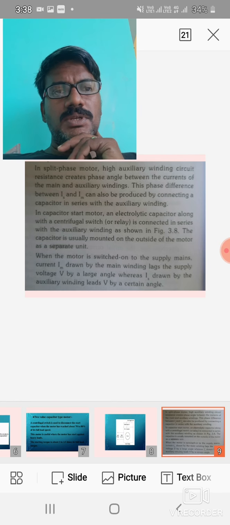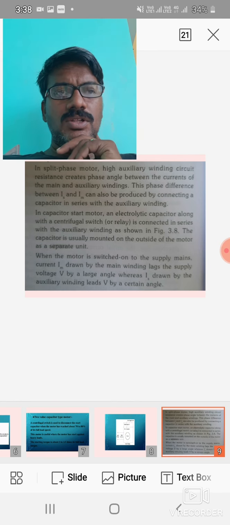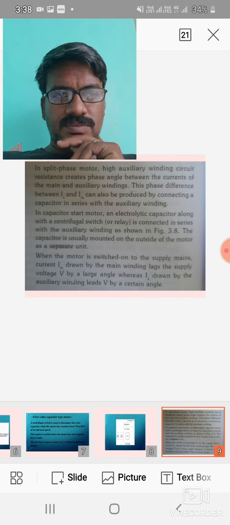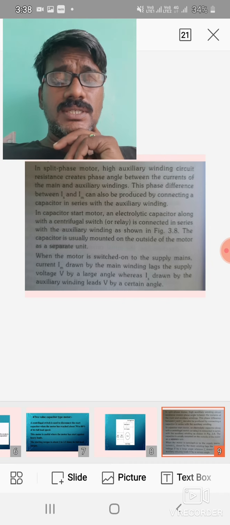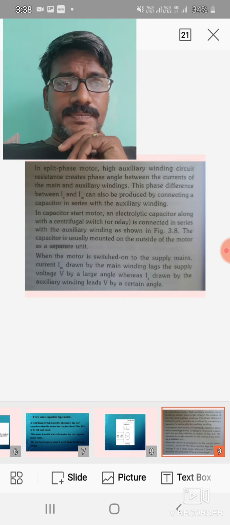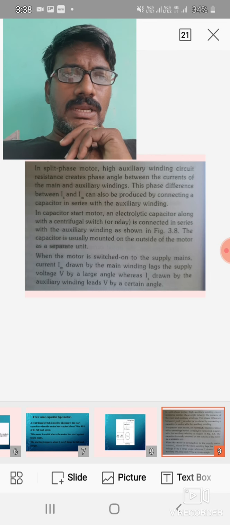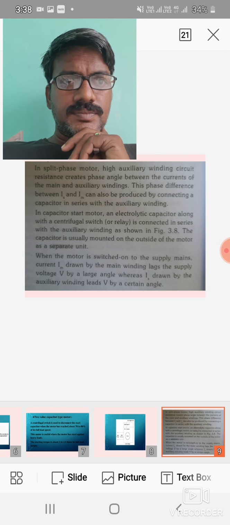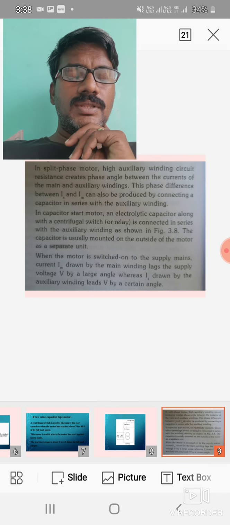This phase difference between Im and Is can also be produced by connecting a capacitor in series with the auxiliary winding. In the resistor start motor, only the auxiliary winding is connected in parallel with the main winding.